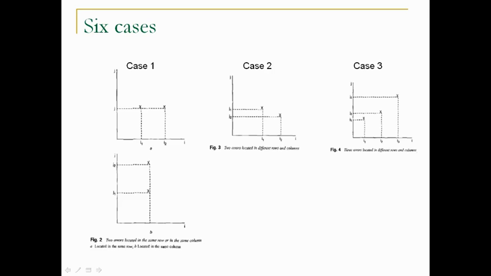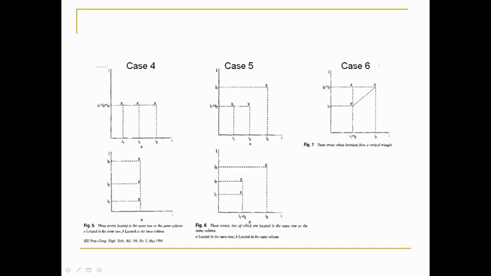In case 3, there are 3 errors located in different rows and columns. Each error can be corrected in either the row or column direction. In case 4, there are 3 errors located in the same row or column.